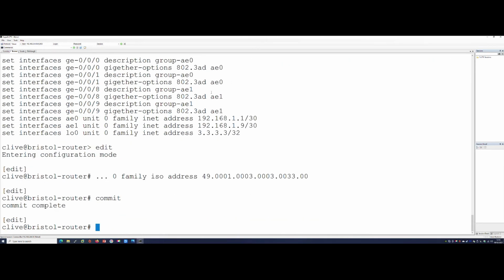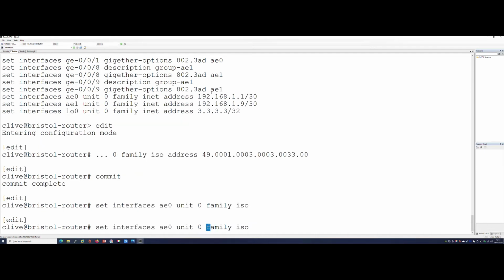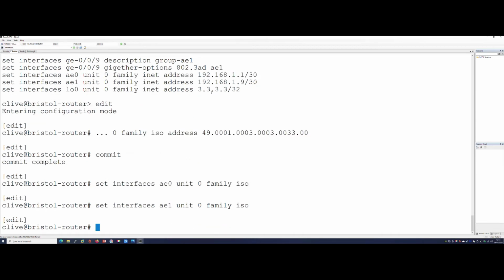So now let's put our interfaces into the family iso as well. So set interfaces ae0 unit 0 family iso, and we also want ae1 in there. Okay, we can commit that now.